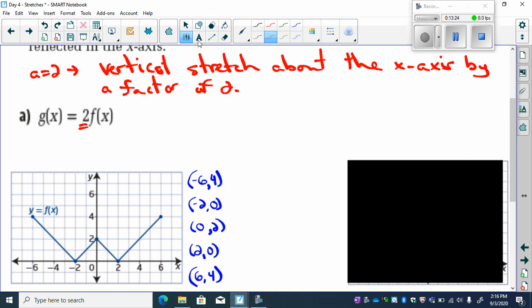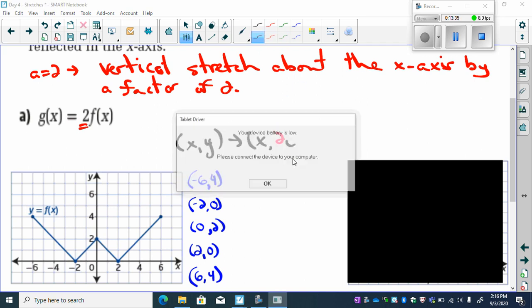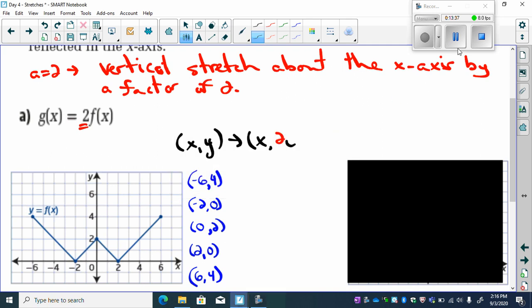Mapping rule is going to look like this. X comma y will become x comma 2 times y. So that means I'm just going to take all of these x values, do nothing to them, and I'm going to take all of these y values, and I'm going to multiply them by 2.